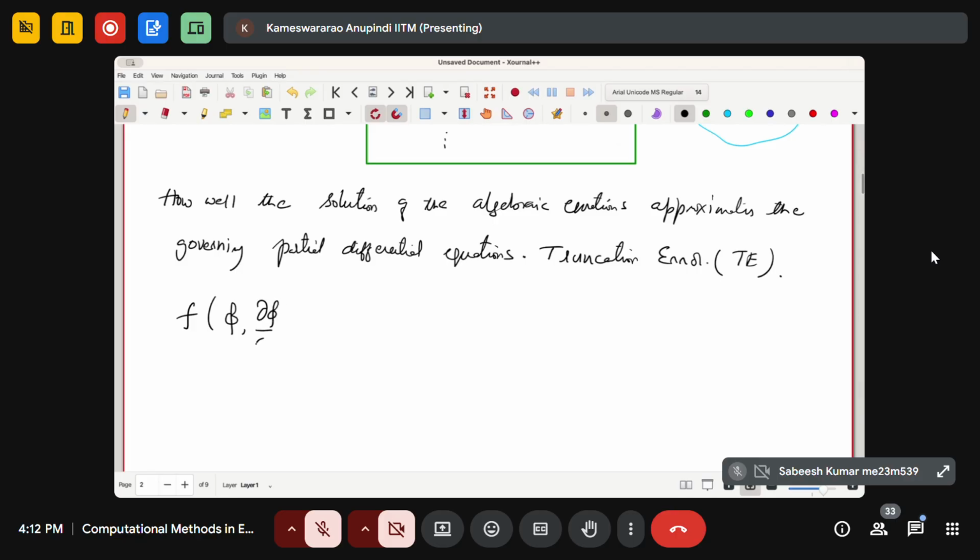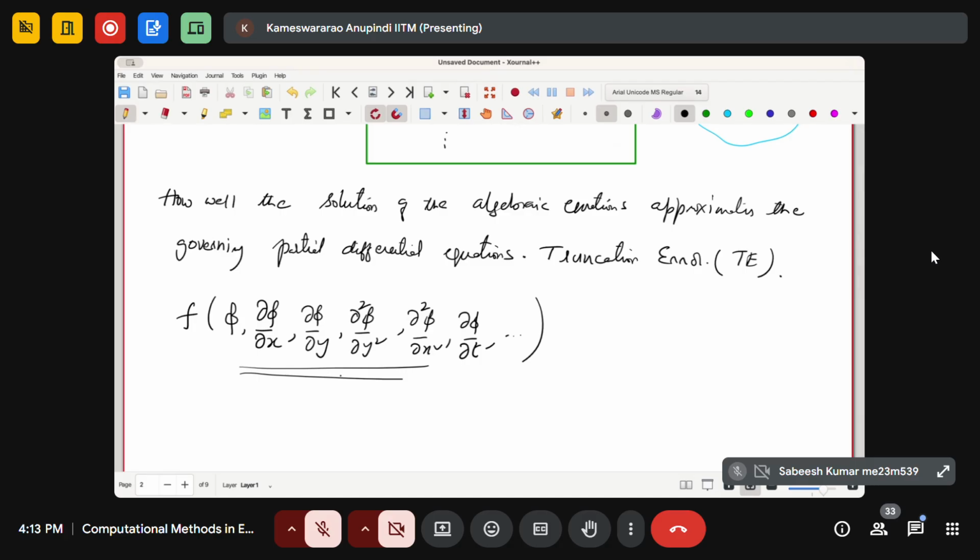It could have derivatives of phi with respect to x, and also with respect to y. It may also have second derivatives in x square and y square, and derivatives with respect to time, and so on. So my partial differential equation is made up of some function of phi, partial phi partial x, partial phi partial y, partial square phi by partial y square, and so on.